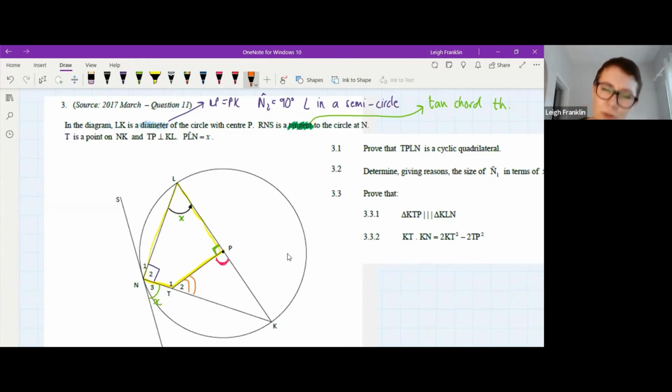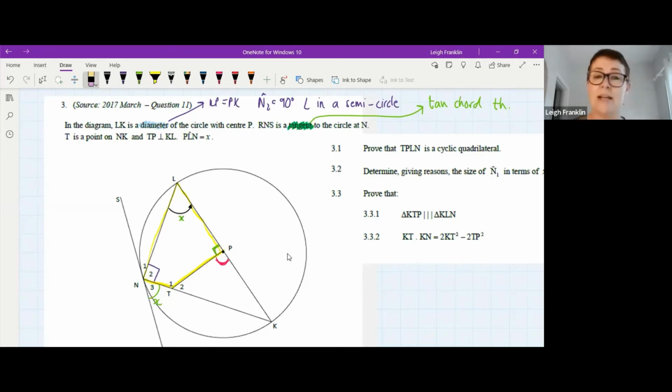But we do know something about angle TPK. What can you tell me about angle TPK, which I've highlighted in pink? It's equal to 90 degrees. It's equal to 90 degrees, absolutely, because of adjacent angles on a straight line. So we could say that TPK is 90, and we can say that N2 is 90.